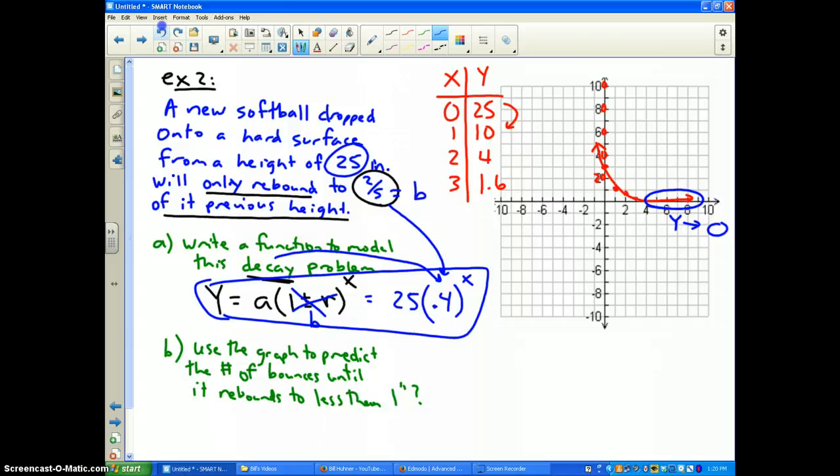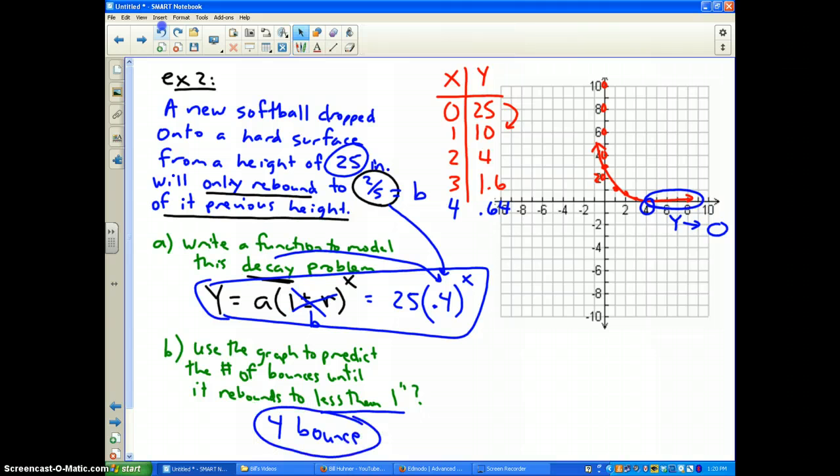Now, use the graph to predict when it will bounce less than 1 inch. Well, the answer is going to be 4 because it's way smaller. At 4, it says it's 0.64. So the answer to our question is on the fourth bounce. That is when it will not come up to 1 inch high.